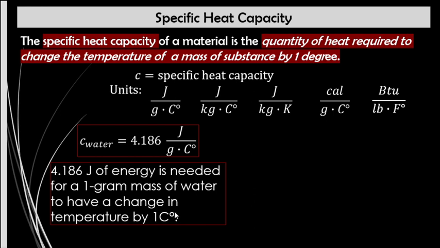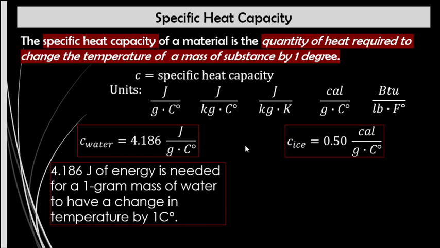So again, specific heat capacity is the amount of energy needed by a mass of substance to change its temperature by 1 degree.